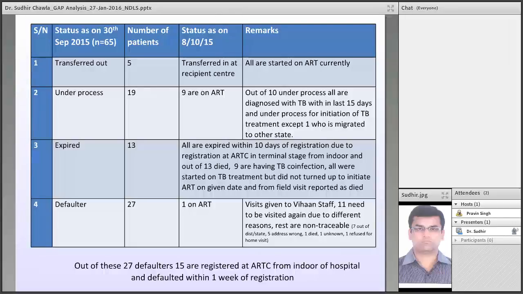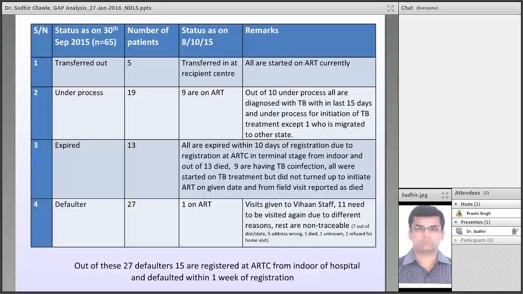Now talking about the expired patients, these 13. When I looked into the cards of these 13 patients, I understood that most of them died within 10 days of registration at the ART center, because they were referred from indoor in a terminal stage, and 9 had co-infection of TB.